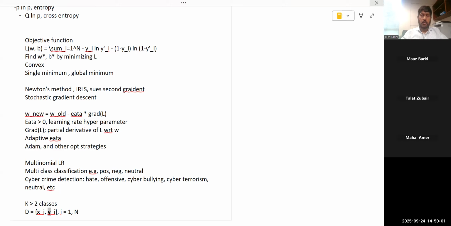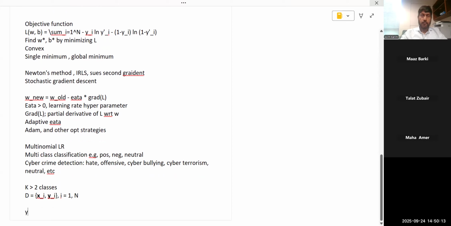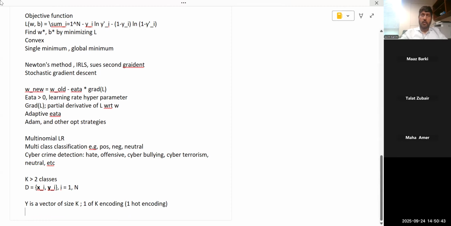Again, these are notations, because this notation will help make our later calculations easier. So y is a vector of size K. ठीक है. And it is one of K encoding. This is sometimes also called one hot encoding, although ये one hot encoding का लफ्ज हम later on ज़्यादा use करेंगे, but the same encoding.